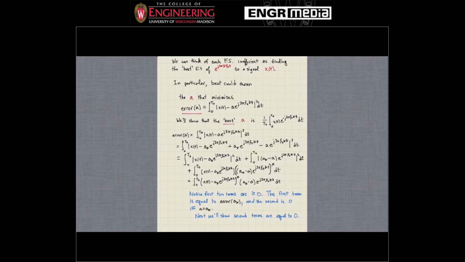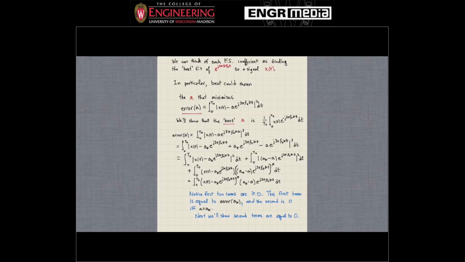Like I said, we can think of each Fourier series coefficient as kind of being the best fit of this complex exponential to the signal x of t, right? And so to be a little more mathematically precise, we're going to run through some analysis quickly here, and that'll be the last thing that we'll look at today.